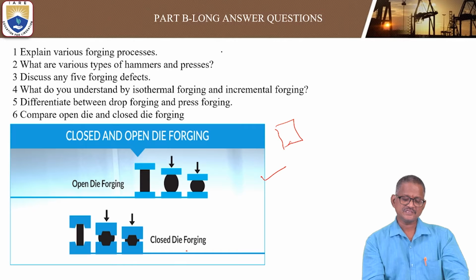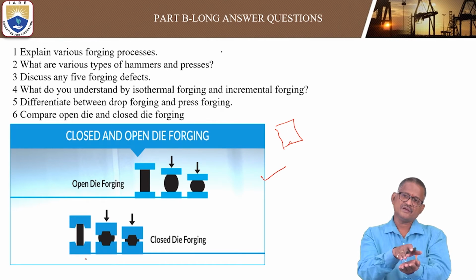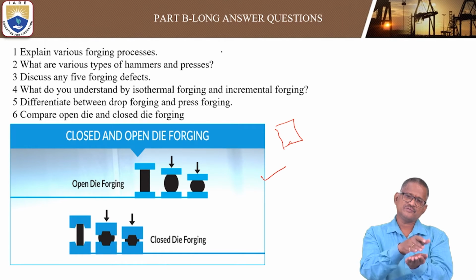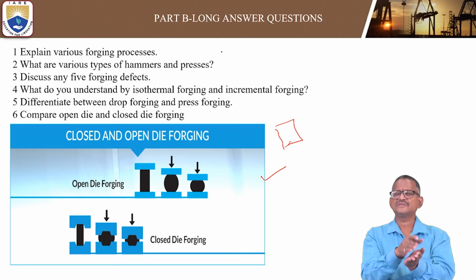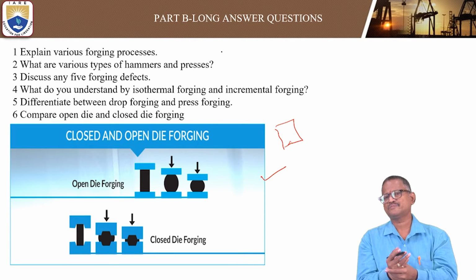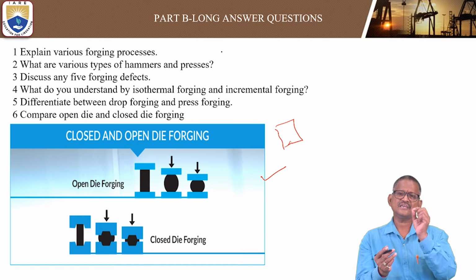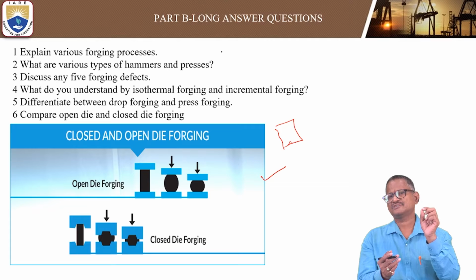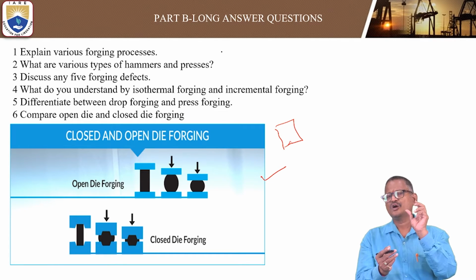A closed die means there is a die at the bottom and top, and inside it mostly simple shape components are there. That die should be made with CNC machines, because a mirror-like surface finish can be obtained.